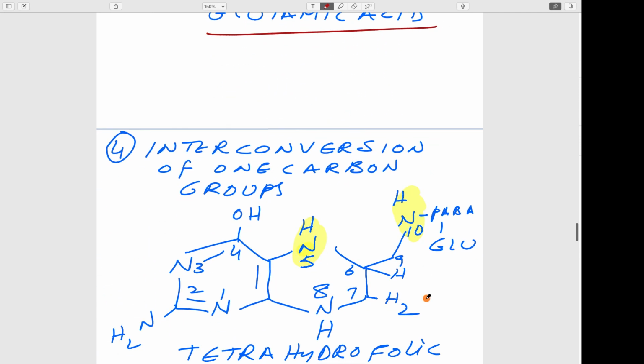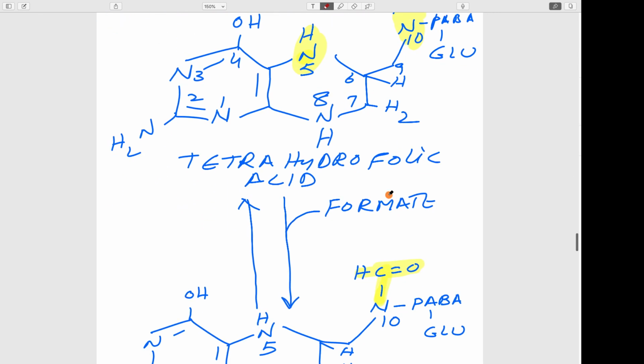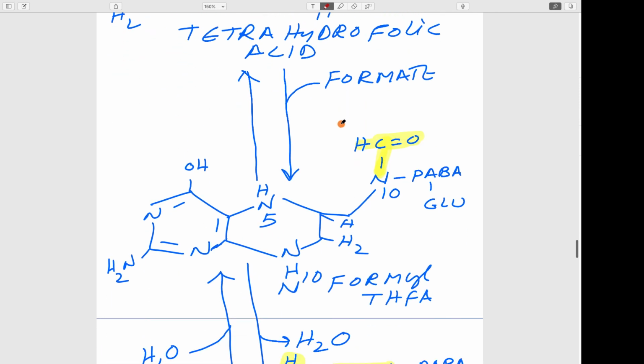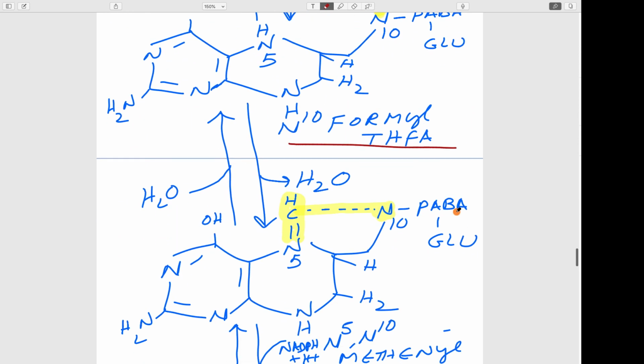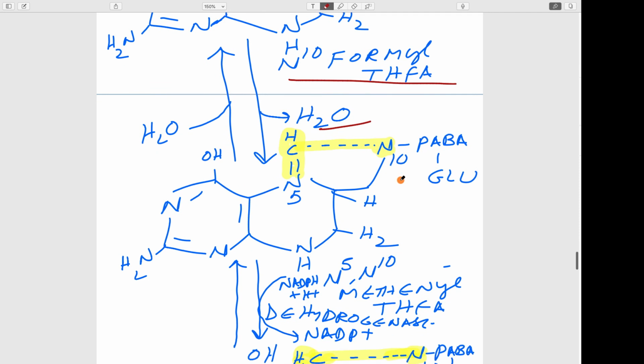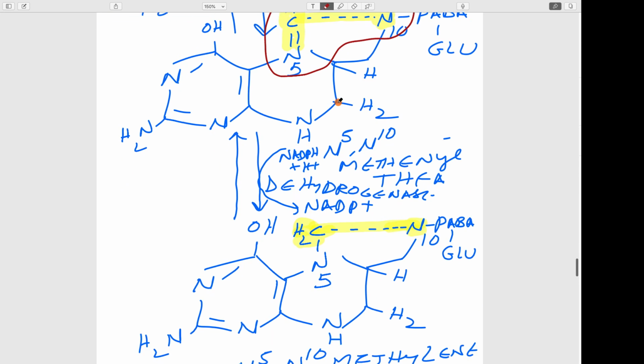Then, in the last objective, we talked about the interconversion of 1-carbon groups. We talked about tetrahydrofolic acid, pteroic acid, para-aminobenzoic acid, and glutamic acid. Two groups are important, N5 and N10, in 1-carbon metabolism. In the presence of formate, it leads to formation of N10-formyl THFA, releasing water, then leading to the formation of N5, N10 methenyl THFA.